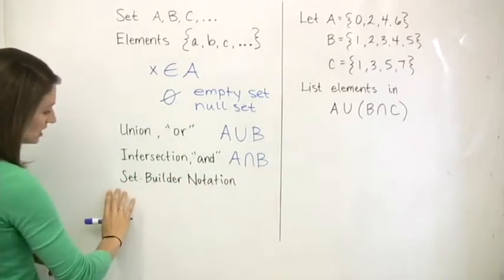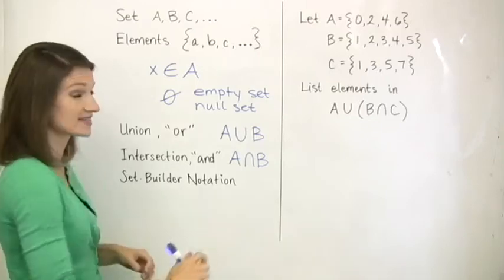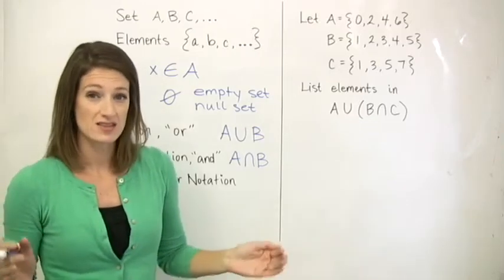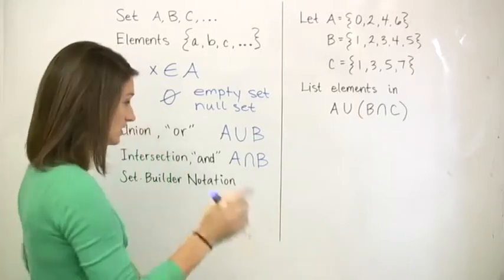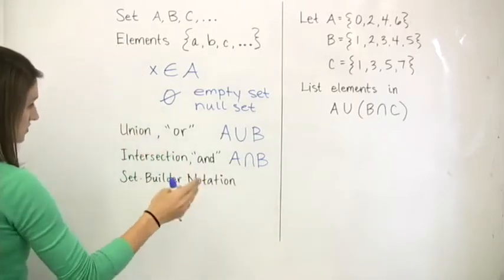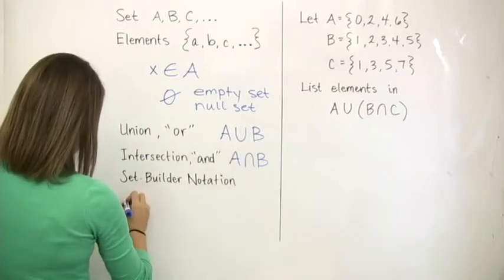Now the final notation that we'll discuss here is called set builder notation, and this is a way to summarize all of the elements that you're considering when you deal with two sets. So let's use the union of set A and B as an example.